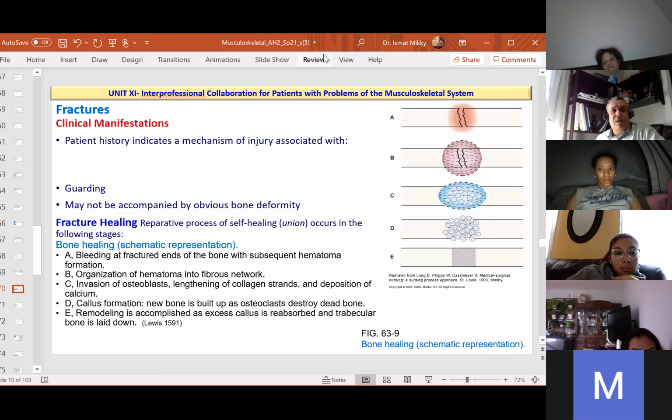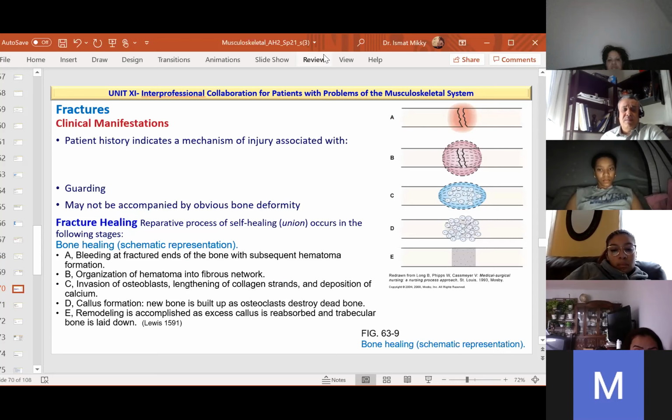So the clinical manifestations. The first sign would be immediate localized pain. Pain will be localized at the affected site, which in this case would be the fracture site.